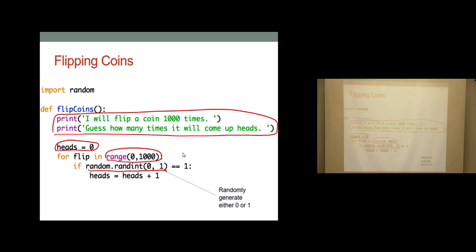And in this random package, the randint function will generate a random integer for you in the range of 0 to 1. But this is the pain in the head: this is inclusive.